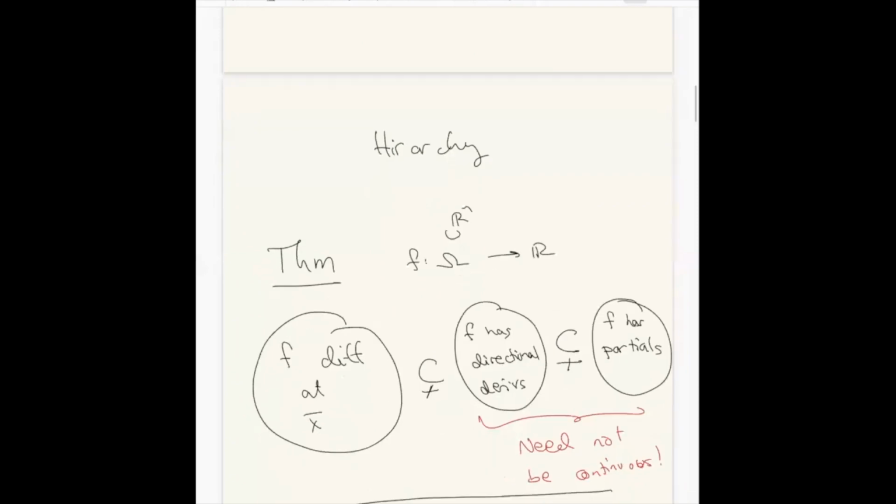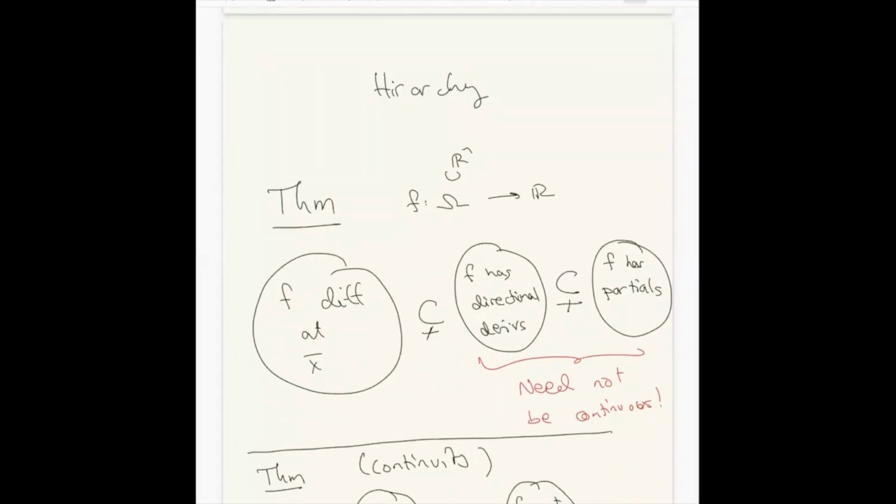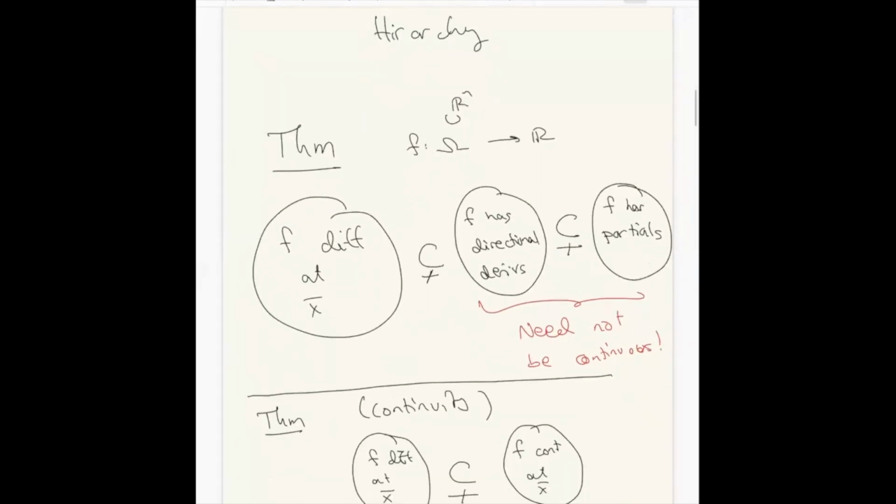Okay, and last time we mentioned some results, but we didn't say anything about how they're proven. The first result was that these three notions fall in a hierarchy: 3, 2, 1. The third one, having a differential or derivative, is the strongest.